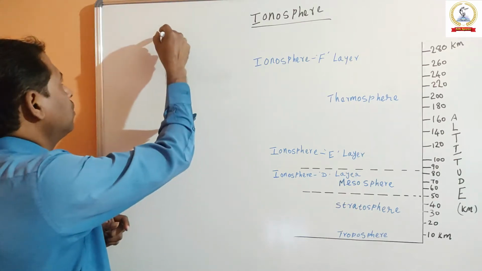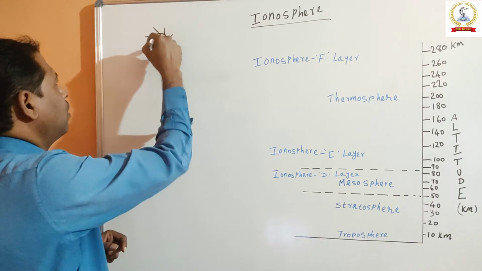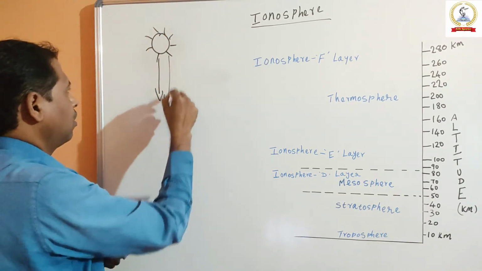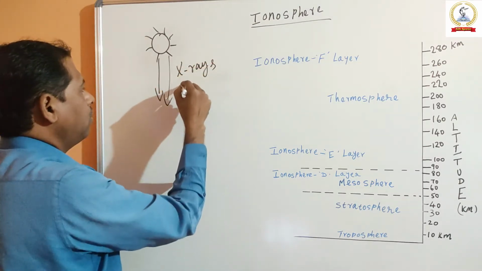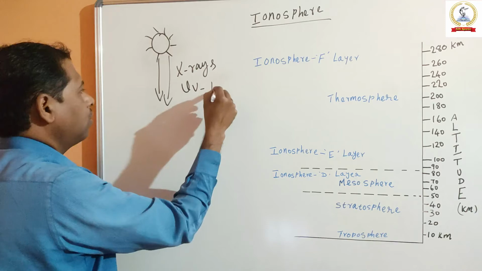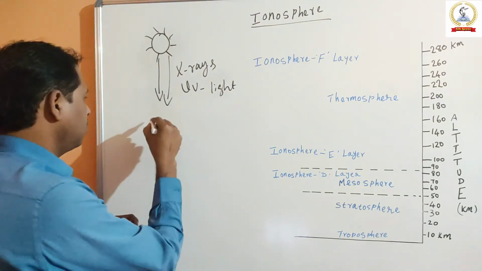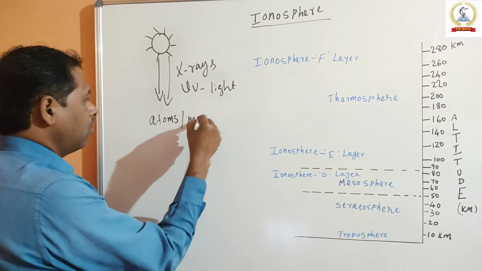You see, in the upper atmosphere, the high energy X-rays and ultraviolet light continuously collide with the atoms and molecules.